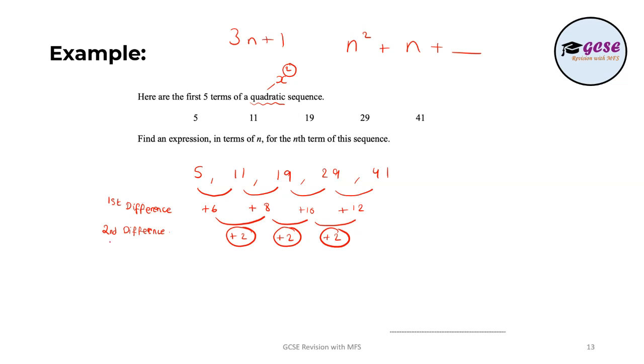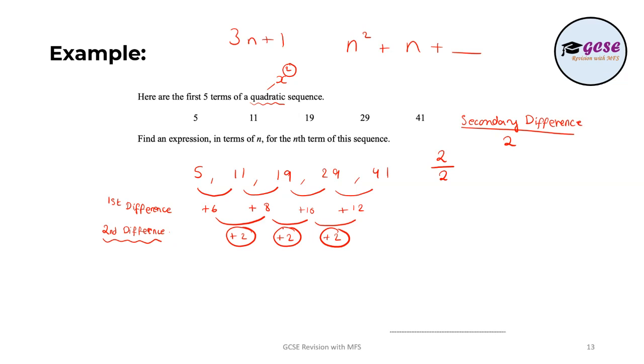Now the second difference that we've worked out, we need to half it because it's a quadratic. So we need to divide the second difference by 2.